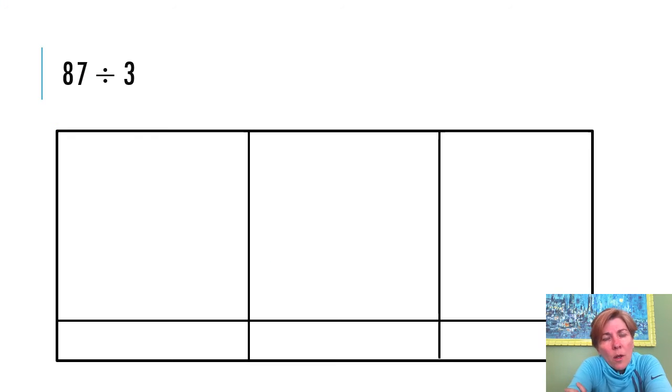Okay, so I've worked with small numbers here just so it's easier with the base 10 blocks to help you understand what the process is. So we have 87 divided by 3. We're going to use the Fusion machine, which all of you have seen before, and we're going to turn it into a division style question.